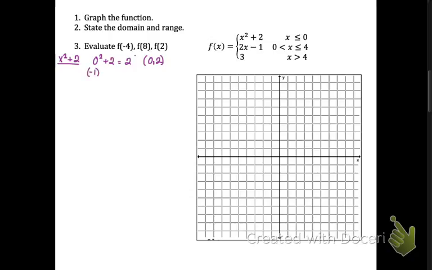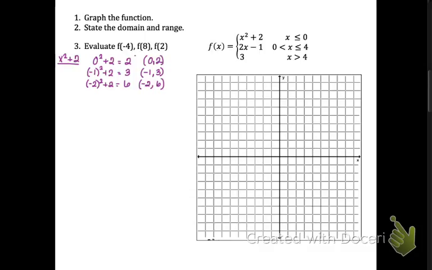Let's do negative 1 squared plus 2. That's going to be 1 plus 2, which is 3. So negative 1, 3. And let's do one more. Let's do negative 2 squared plus 2, which is 4 plus 2, so I get 6. That means when I plug in negative 2, I get out 6.